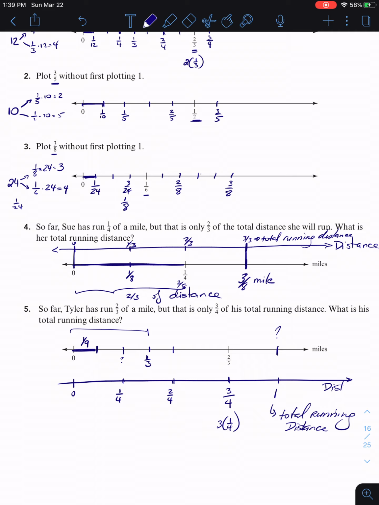So if that's 1/9, this would be 2/9, 3/9, 4/9, 5/9, 6/9, 7/9, and 8/9. So that would be 8/9 of a mile is the total running distance.